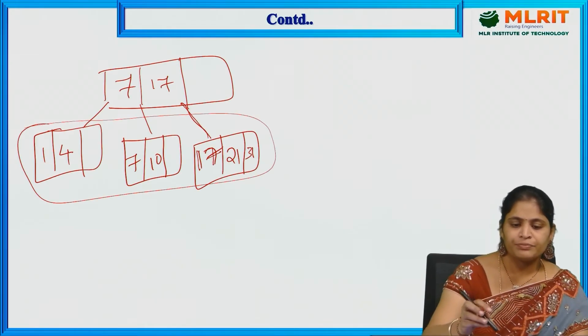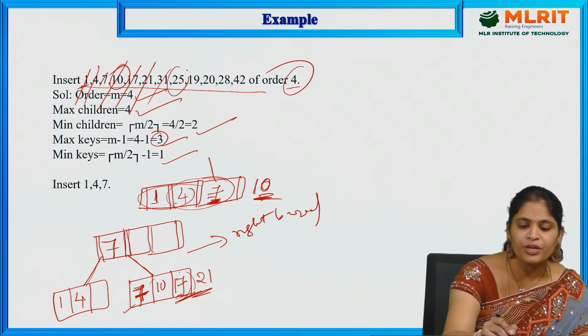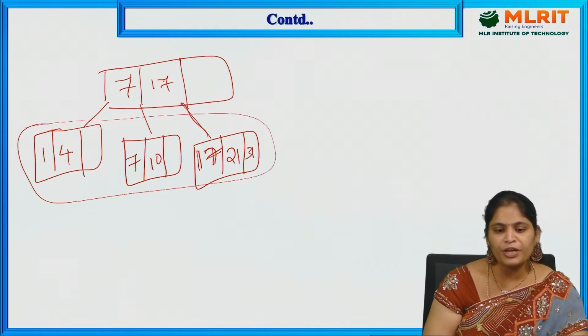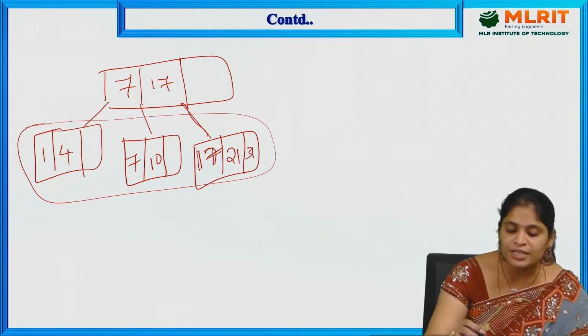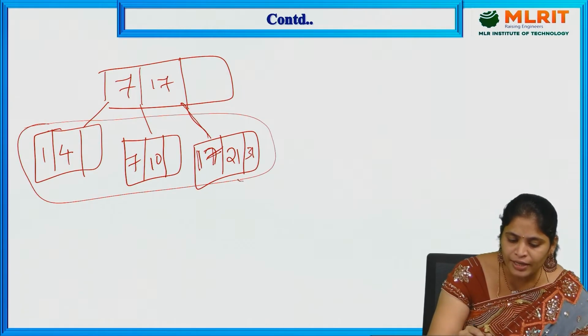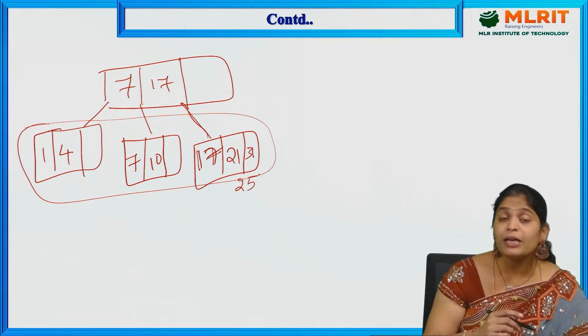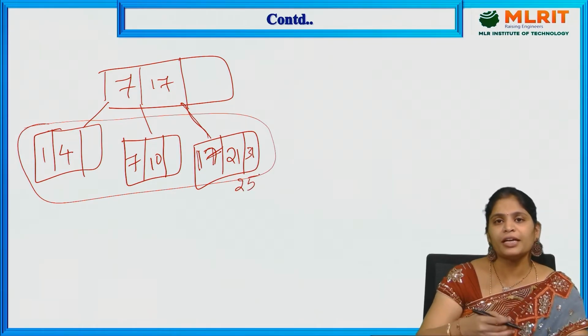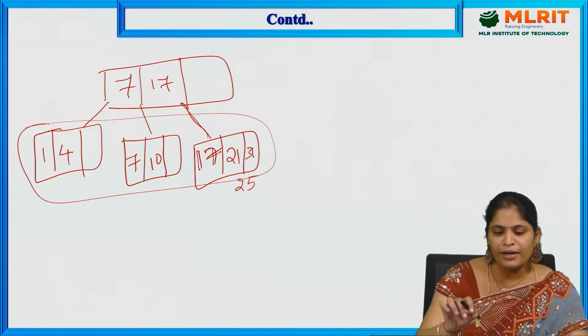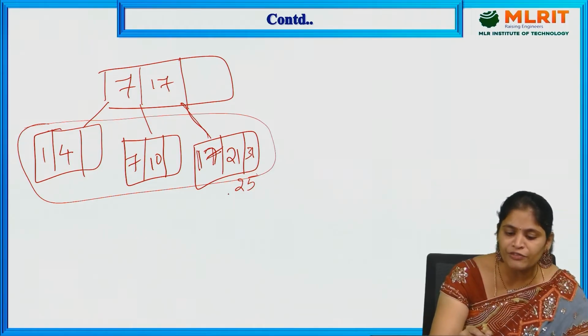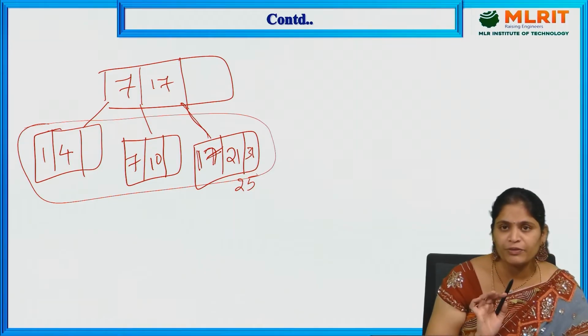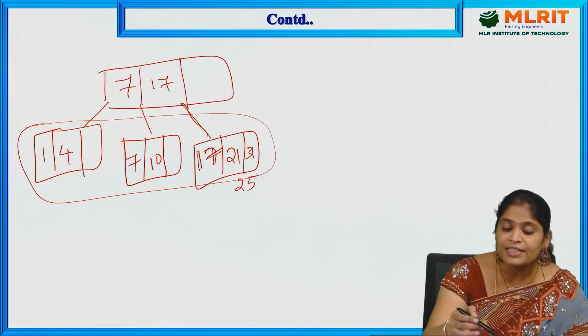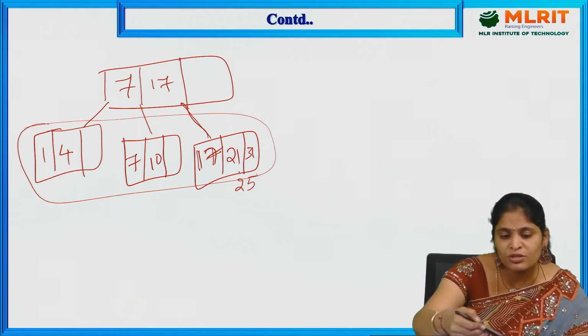Next, what is the value that I am going to insert now? 25. So where should I insert 25 here? See, after 21. Why? Because we need to insert the data in a sorted manner. That is the reason here 25 must be inserted after 21. So what is the element that I used to shift to the index value?